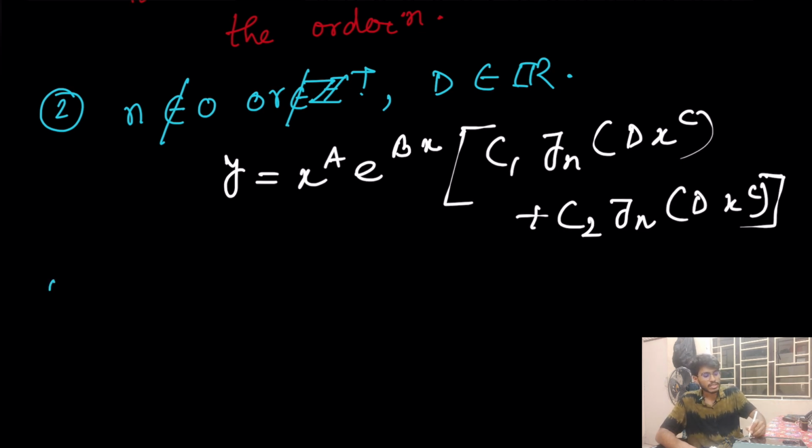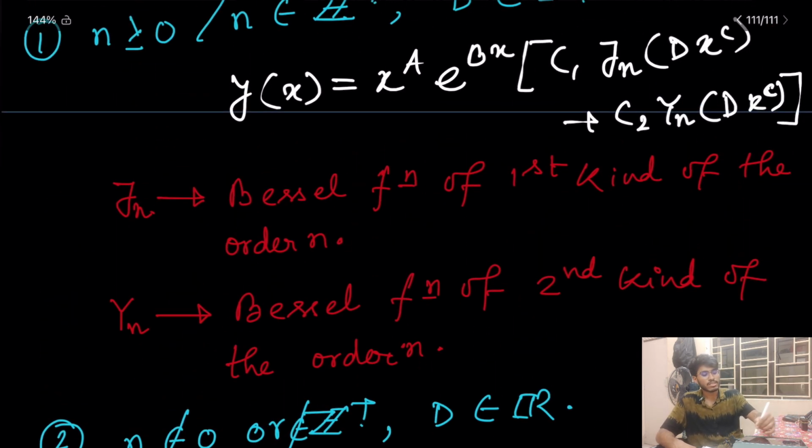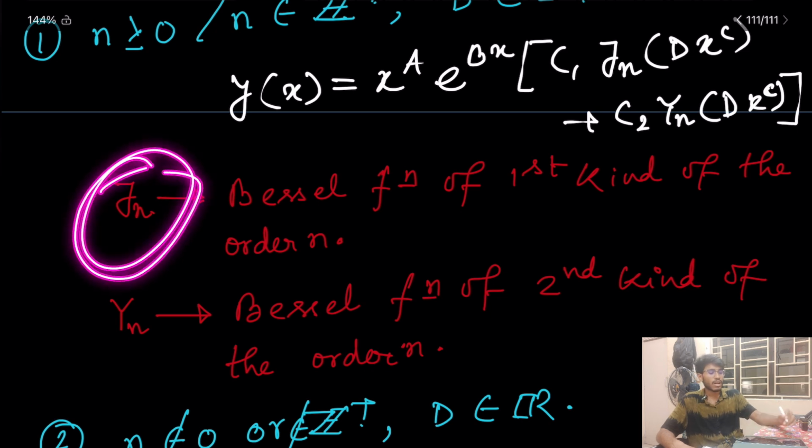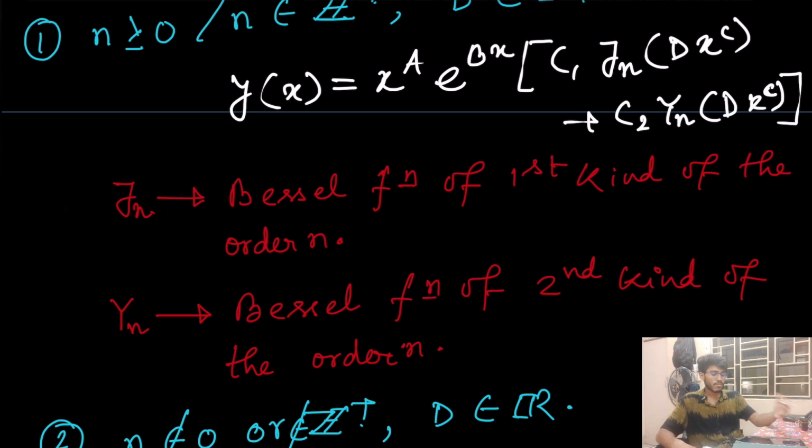I think I should not waste the time here by writing these conditions, because you don't have to memorize this. Just learn this notation, that this Jn is the Bessel function of the first kind of order n, and Yn is the Bessel function of the second kind of order n.